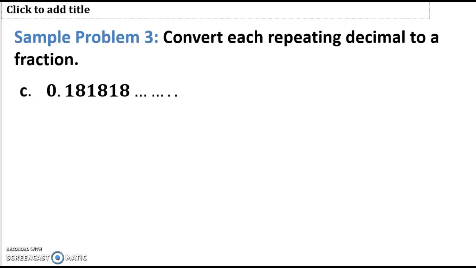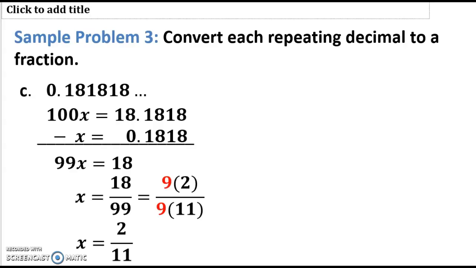So what do you think? Well, step 2, I have to multiply by something. So I want the 181818 to cancel out. So what are you thinking? Multiply and then subtract so that the repeating part cancels out. And here it is. I multiply by 100 because I want the 181818 to cancel each other out.